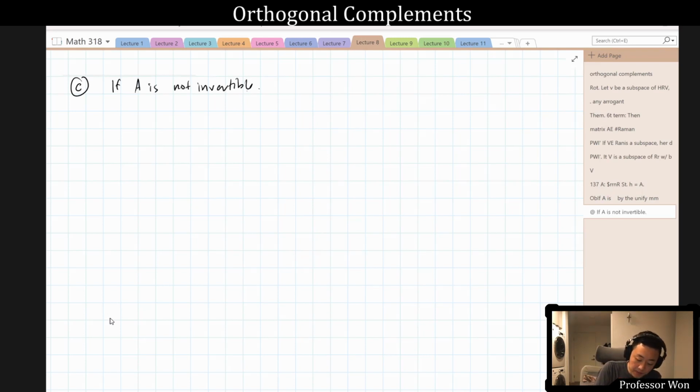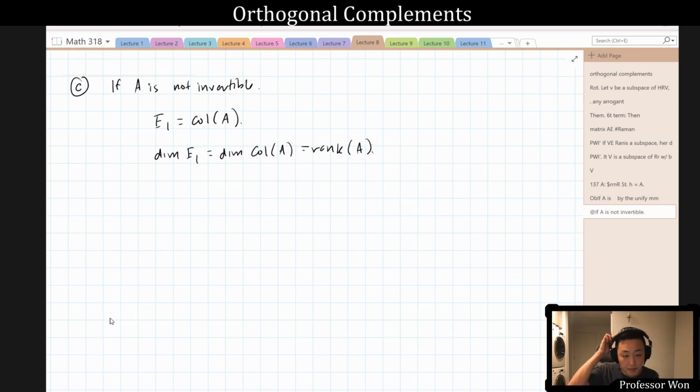Right, well, again, we know that the one eigenspace is the column space of A, right? So E1 equals the column space of A. So this one has dimension which is equal to the rank of A. The rank is the dimension of the column space, or the number of pivots. Those are the same thing.